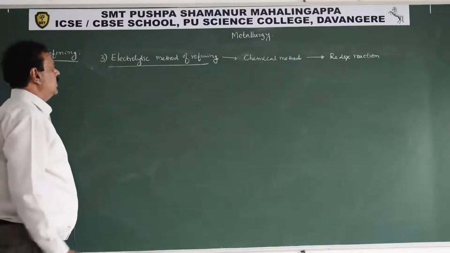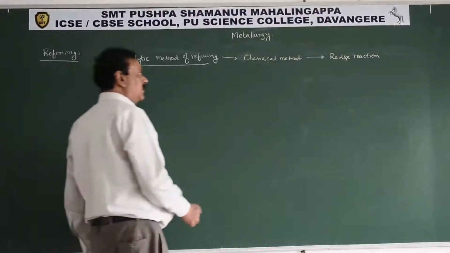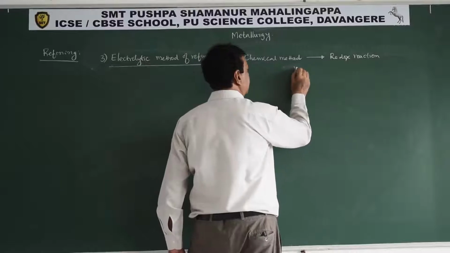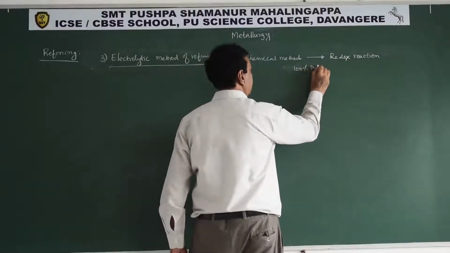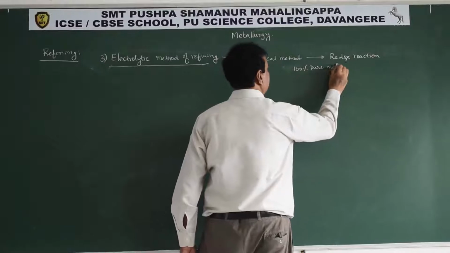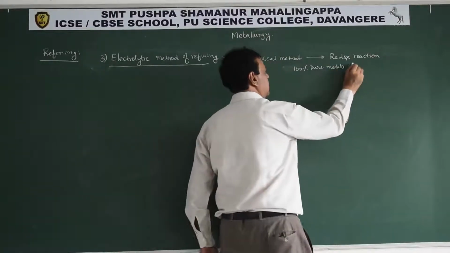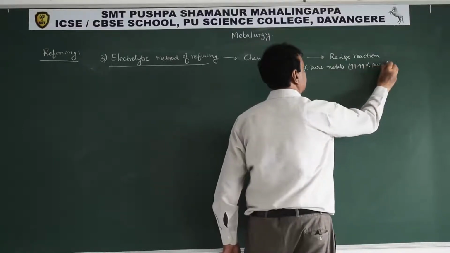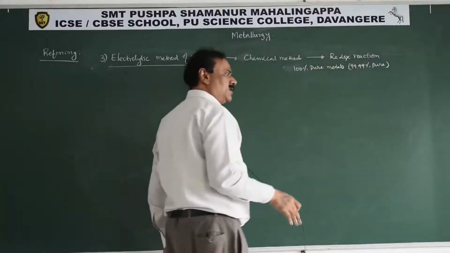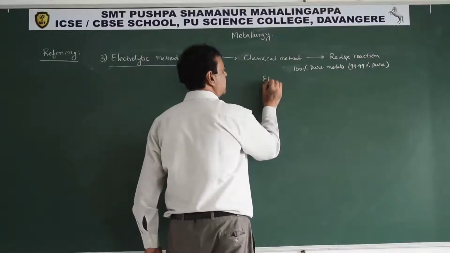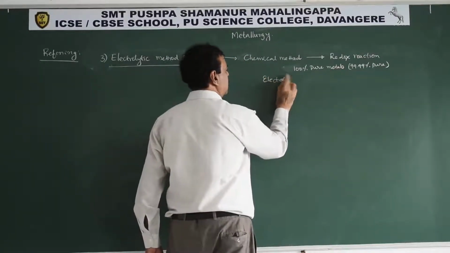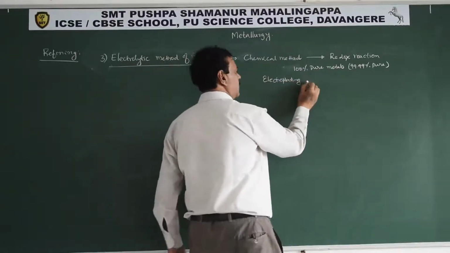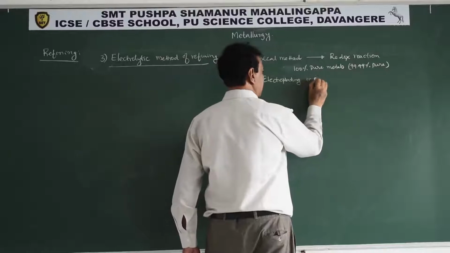Now, in the electrolytic method of refining, pure metals are obtained, 100% pure or 99.99% pure metals, which are used in the electroplating industry.